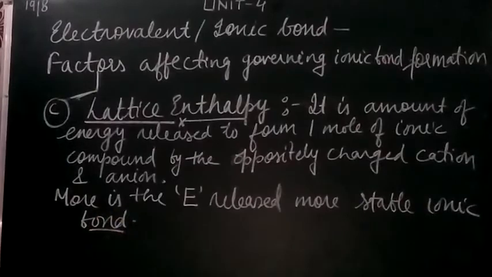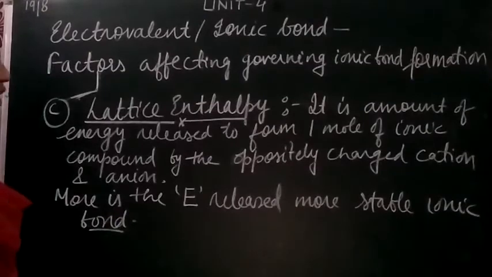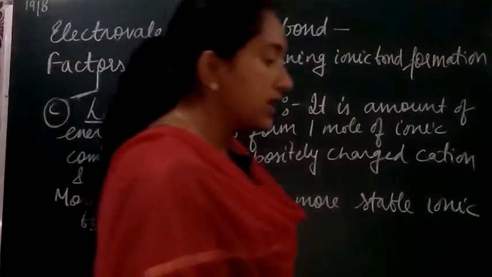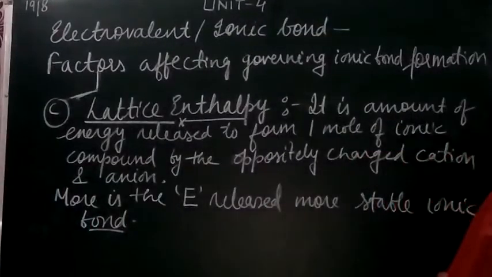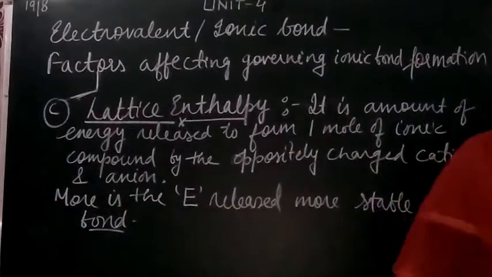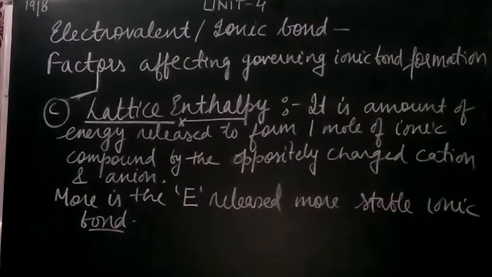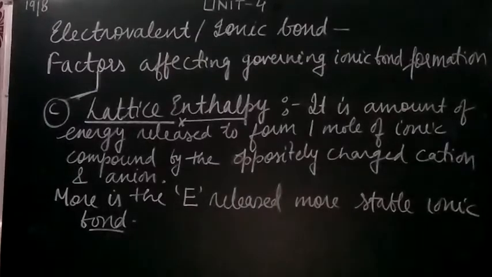Right? Now the lattice enthalpy of a compound depends upon two factors. The first one is the charge on the species, and second it depends upon the size of the species.